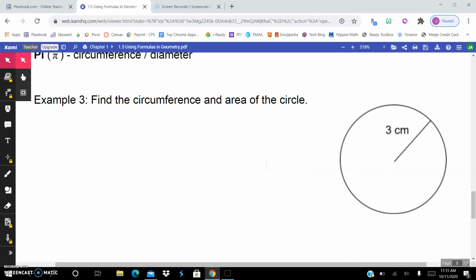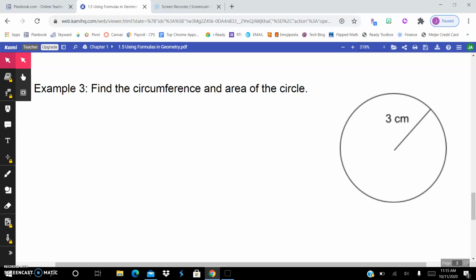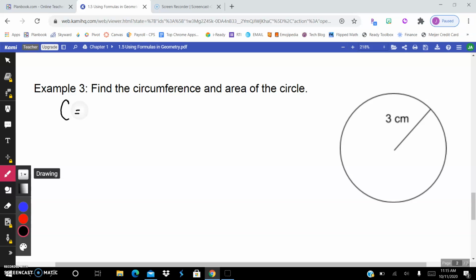All right, for example 3, find the circumference and area of this circle. So when I look at the picture, that line only goes halfway across, so that tells me it's the radius. So for the circumference, I'm going to go 2 times pi times the radius.